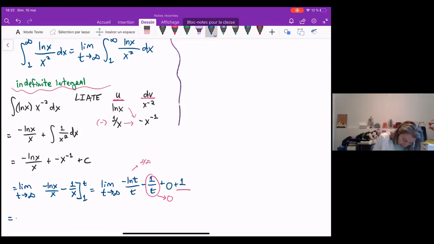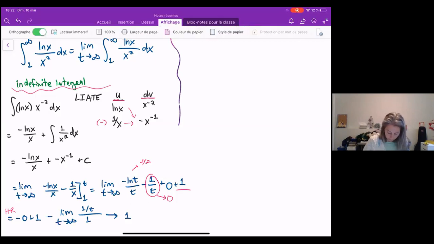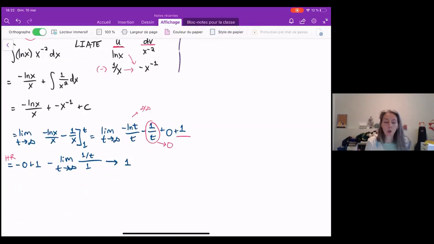So we're going to say this is like negative 0. I don't really have to write that, but I am. Plus 1 minus the limit as t approaches infinity. I'm applying L'Hopital's rule here. Derivative of ln t is like 1 over t over 1. So this is going to 1. Alternatively, I could have said, hey, I know t is growing more quickly than ln t.